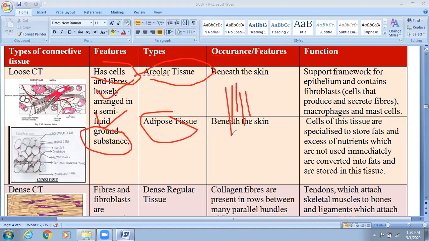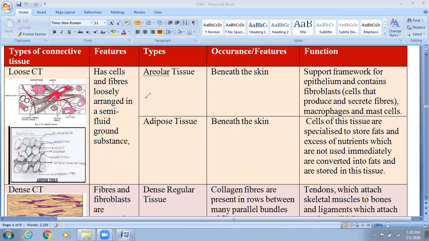Loosely arranged means the fibers are not properly aligned. They also have the ground substance, that is the matrix, which is found in the form of semi-fluid. This is the characteristic feature of the loose connective tissue.